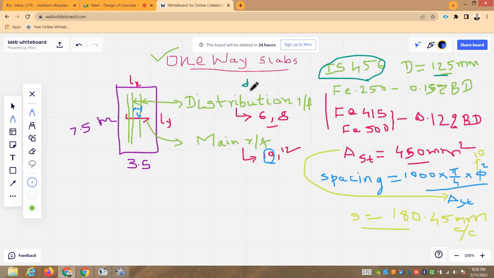Effective depth is equal to overall depth minus effective cover. Suppose 25 mm is the effective cover. Then 125 minus 25, your effective depth will be 100 millimeters.